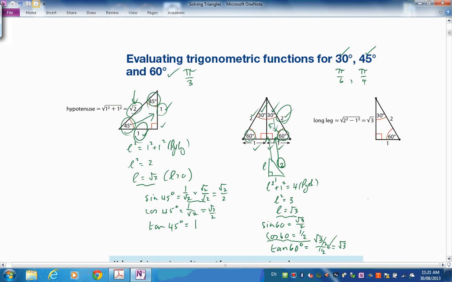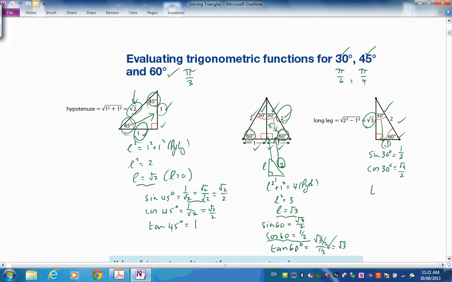And of course, if you just plucked that triangle out, you could do 30 degrees as well. The sine of 30 is actually the cosine of 60, isn't it? Because the side opposite the 30 in a 90-degree triangle is the side adjacent to the 60. So the sine of 30 is the cos of 60. The cos of 30 is root 3 over 2.